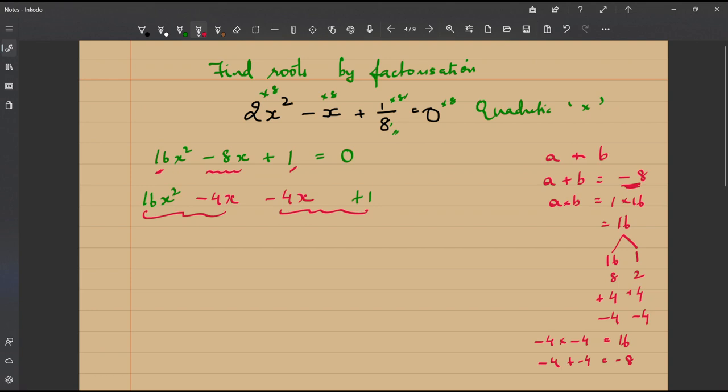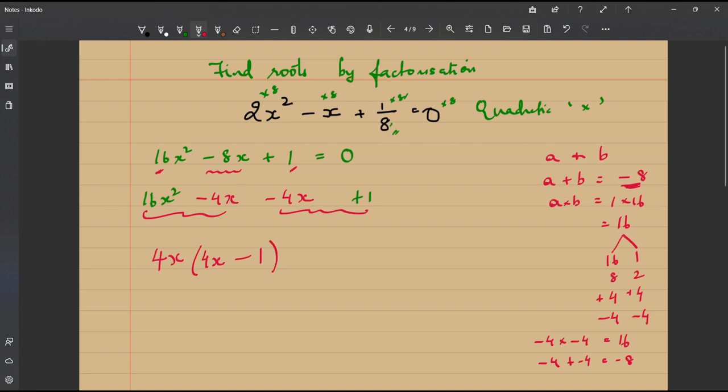In the first group, in 16 and 4, 4 is common to both, and x is also common. So we factor out 4x, and what do we have in the brackets? We should write it in such a way that 4x into the bracket gives you 16x squared back again. So we have 4x minus 1 in the brackets.